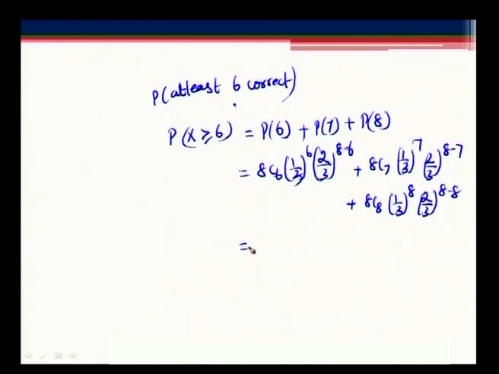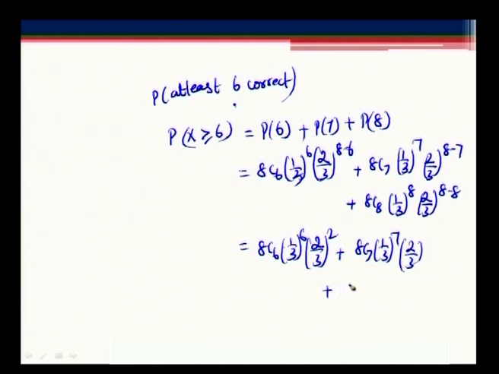This calculation is 8C6 into 1 by 3 whole power 6 into 2 by 3 whole square, plus 8C7 1 by 3 whole power 7 into 2 by 3, plus 1 by 3 whole power 8. This calculation gives you the answer 0.0197. Let us have a break.